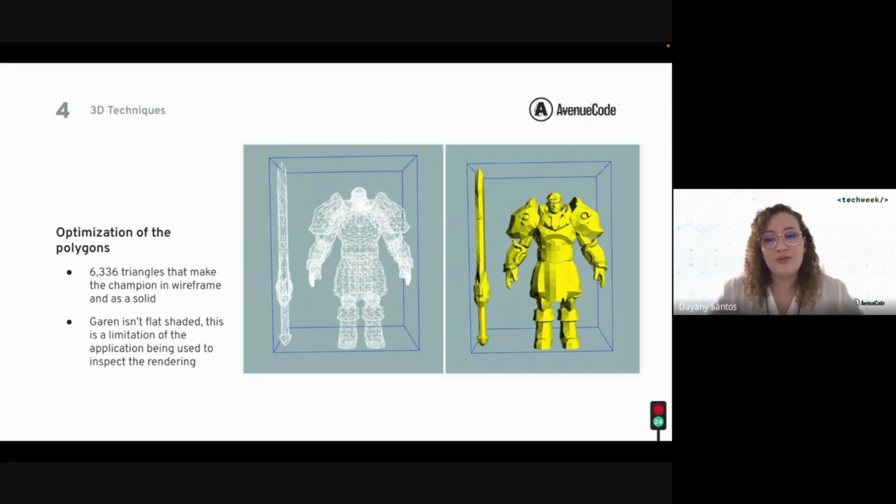In the right picture, we can see him in solid mode. This champion is called Garen. And so he isn't flat-shaded. This is a limitation of the application being used to inspect the rendering.